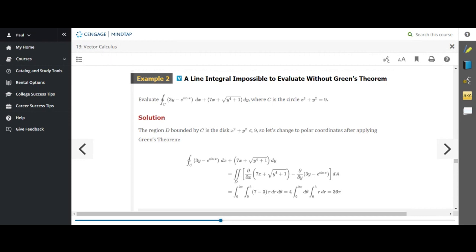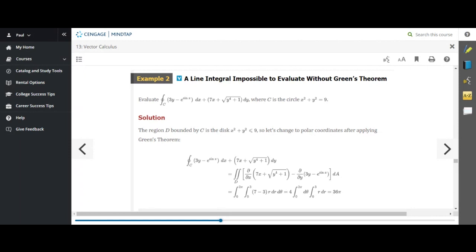So you want to compute the sum of the two line integrals, one with respect to x, one with respect to y, in example 2, where C is the circle x squared plus y squared equals 9. If you use Green's theorem, you can actually evaluate this.